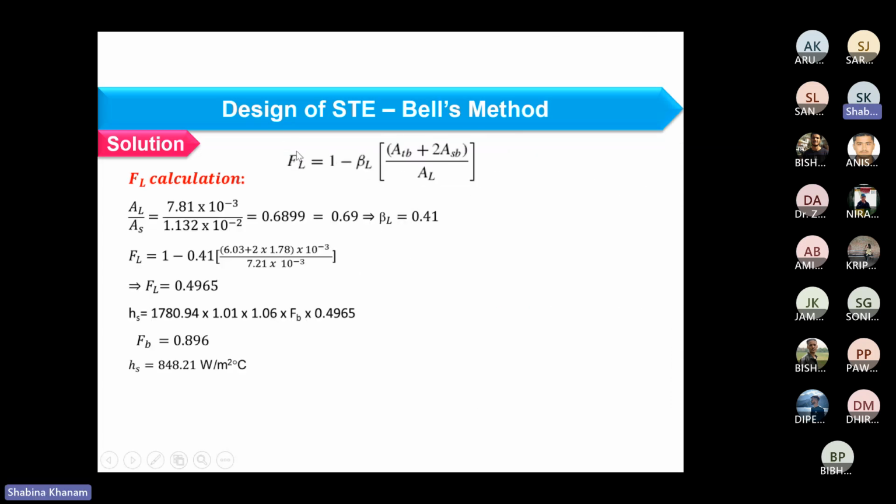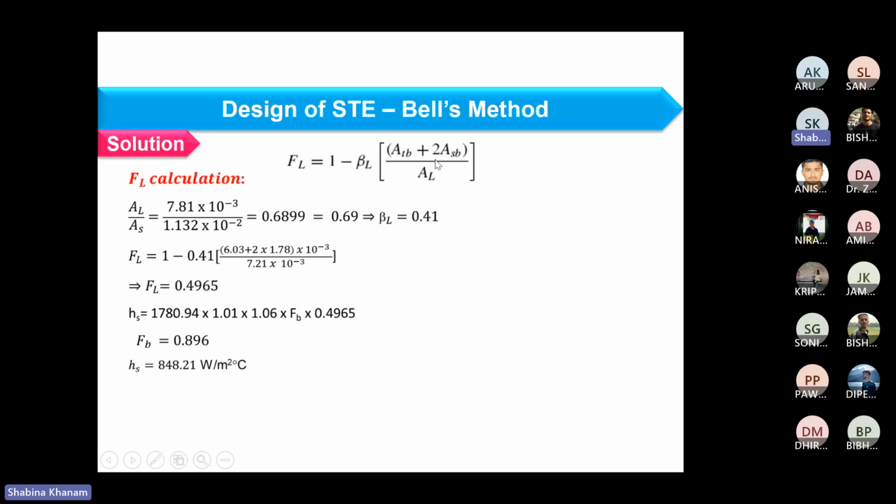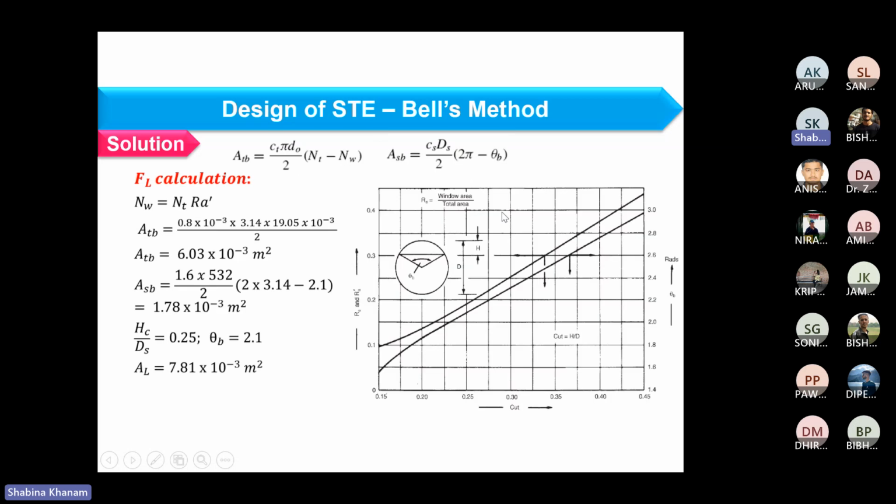If you see, this is the expression for the leakage correction factor. We need to find out beta L, and it will depend on ATB plus ASB, and AL. AL is ATB plus ASB. So first of all, we need to find this ATB and ASB.